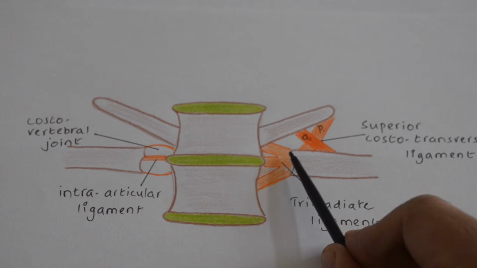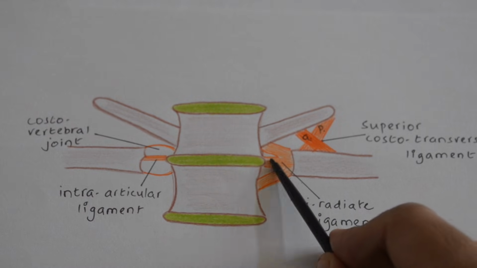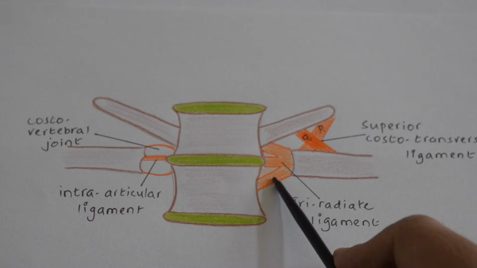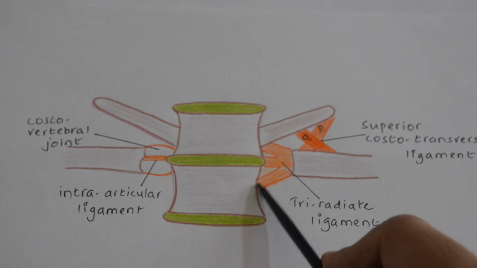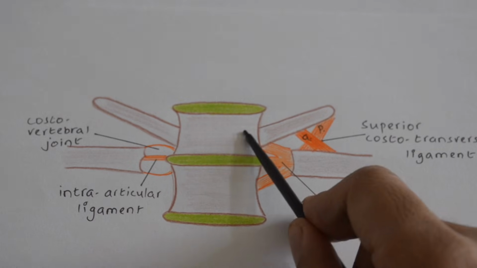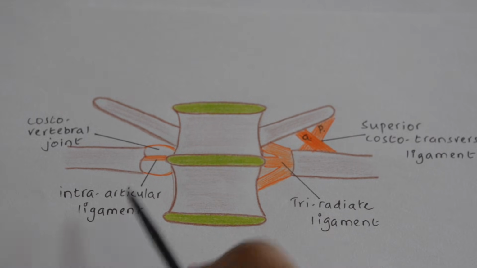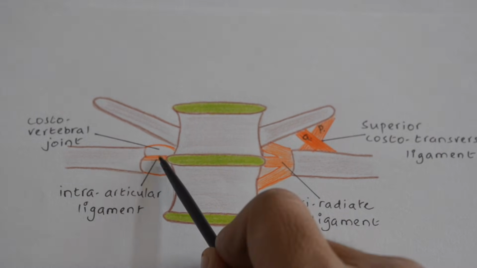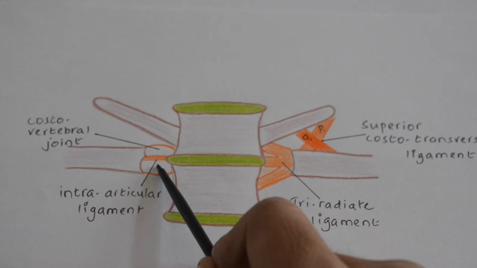Now the head in front provides attachment to triradiate ligaments with three bands, upper, middle and lower. The lower band is connected to the numerically corresponding vertebrae on either side along the body. The upper band is attached to the one vertebra above, and the middle band is attached to the intervertebral disc, and that is also termed as intra-articular ligament, which divides the joint cavity of costovertebral joint into upper and lower compartment.